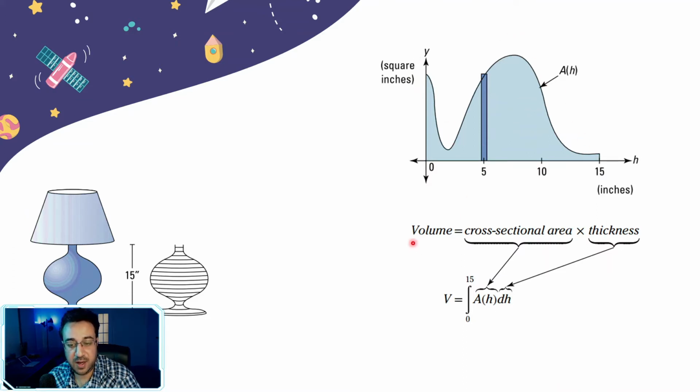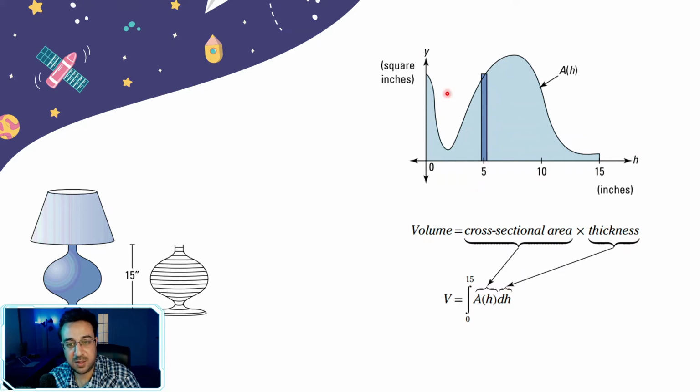Now the volume of the lamp equals the cross-sectional area multiplied by the thickness. So the cross-sectional area is the A of h, which is represented as a curve over here, and the thickness is the dh. How thick is that segment of the lamp?